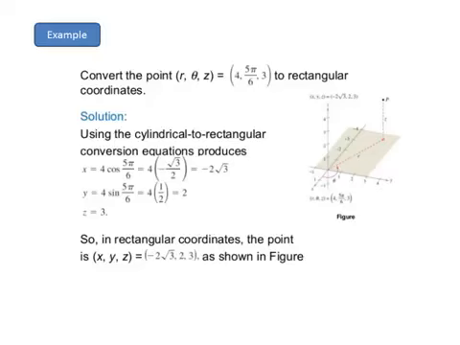So in rectangular coordinates, the point x, y, z is minus 2 square root of 3, 2, 3, as shown in the figure, and it is also plotted, you can see in the graph.